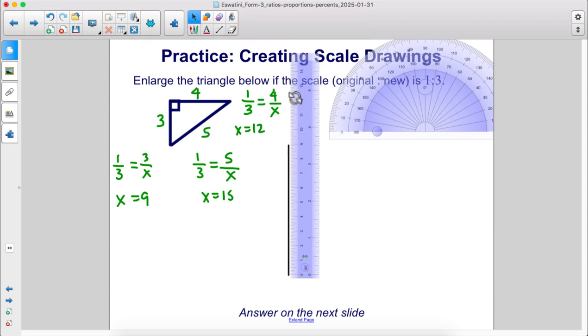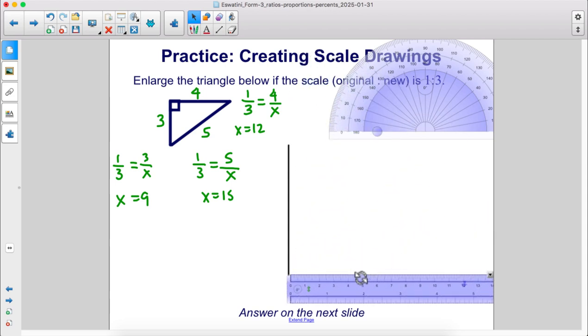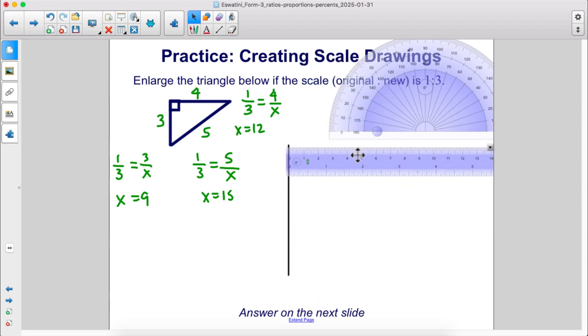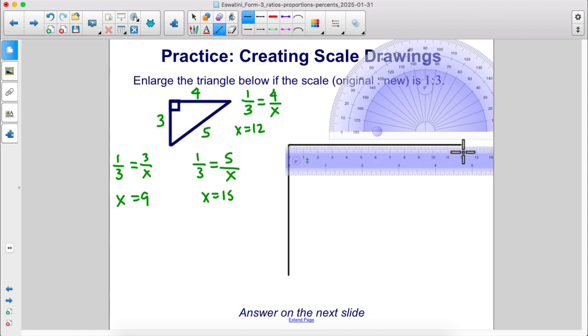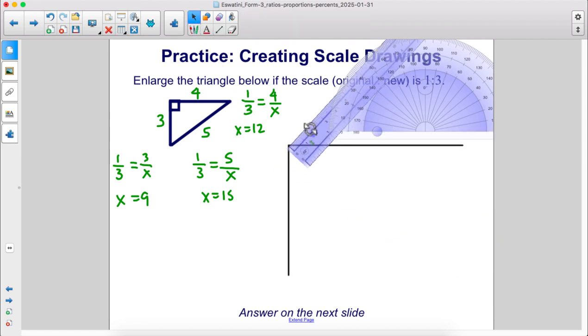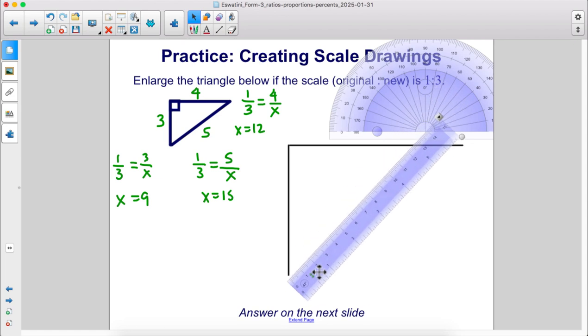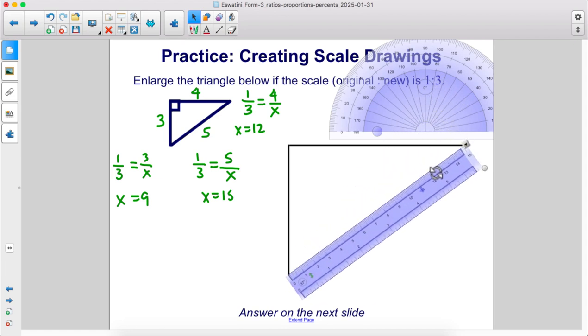Okay, now I'm going to flip my ruler around and draw my next line, which is going to be 12 centimeters. Okay, like that. And then finally, I'm going to connect this point with that one, and you can see it's exactly 15 centimeters.